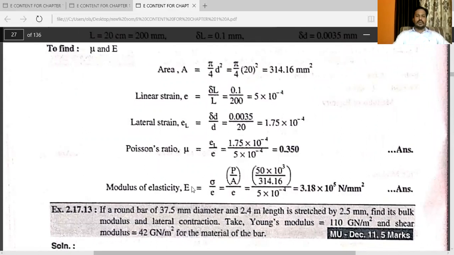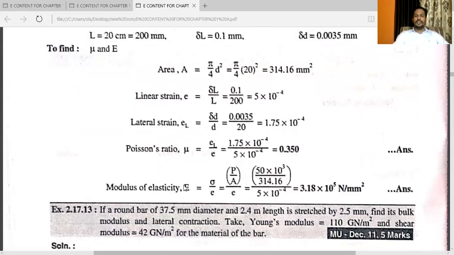Because to calculate modulus of elasticity E, you should have the value of stress and strain. Here we have the value of linear strain, but we don't have the value of stress. And we know that stress is equal to load upon subjected cross-sectional area. The value of load is given in the problem, and we have the subjected cross-sectional area.